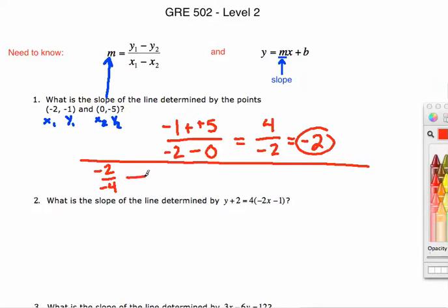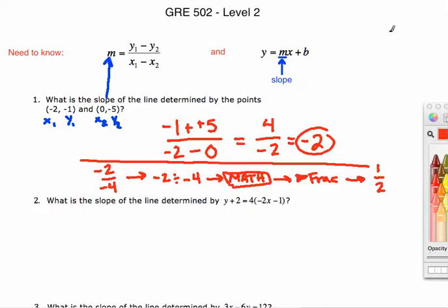Type in negative 2 divided by negative 4, press enter, then press the math button, then press the fraction button. It looks like a little arrow, and then FRAC. Press enter twice, I believe, and it'll pop out as the simplified fraction, positive 1/2. That's a really useful way to use your calculator.